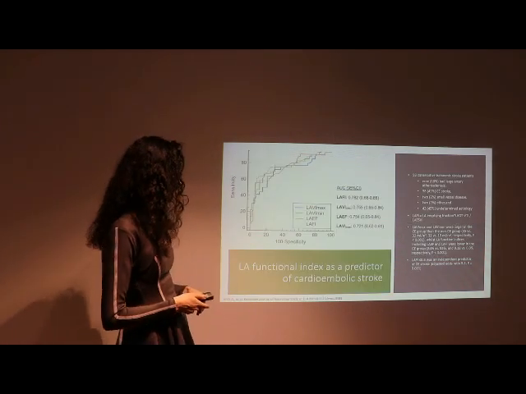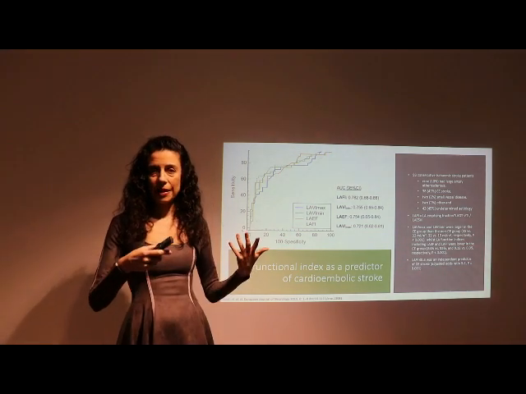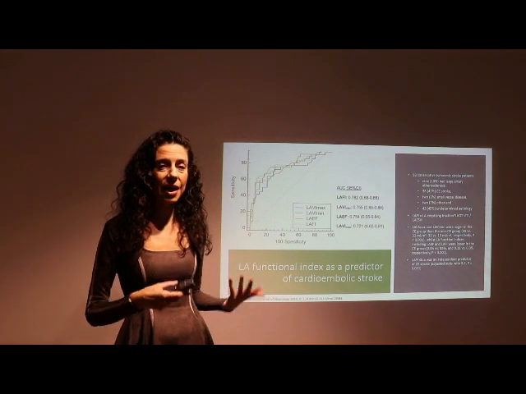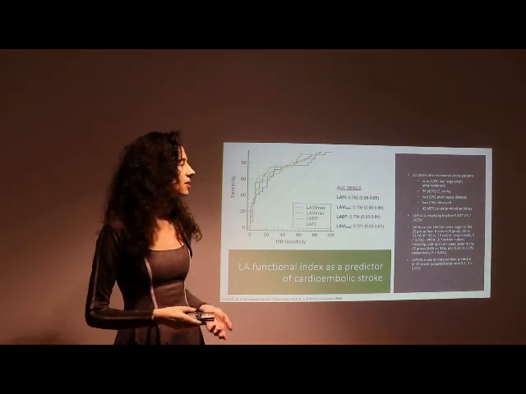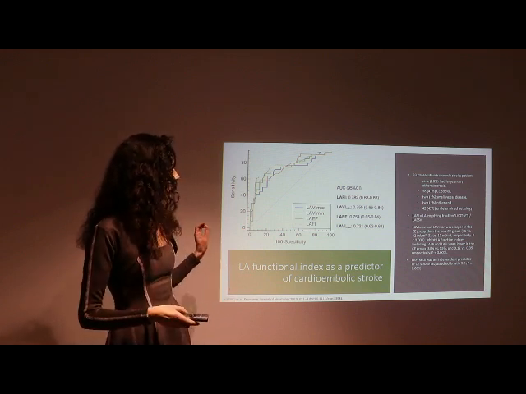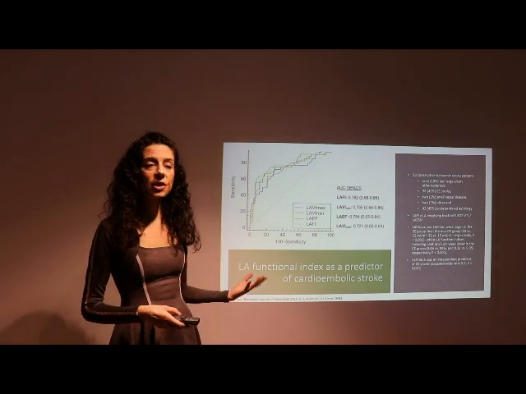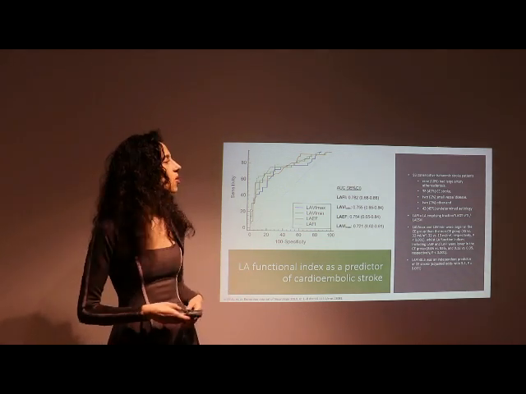Another very useful study, like the last study, is again from this year, so a very new, very contemporary study. This is the study about the left atrial functional index as a predictor of cardioembolic stroke.